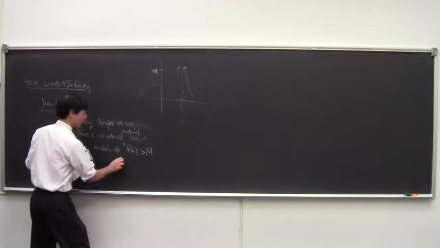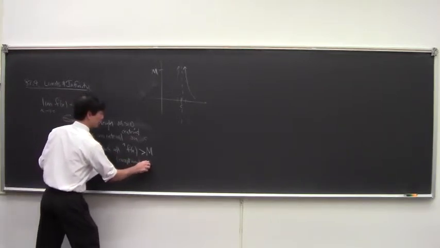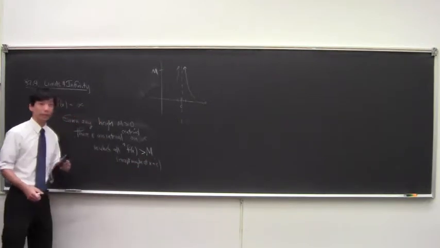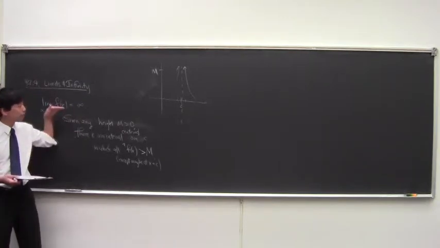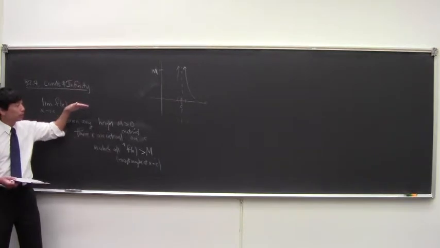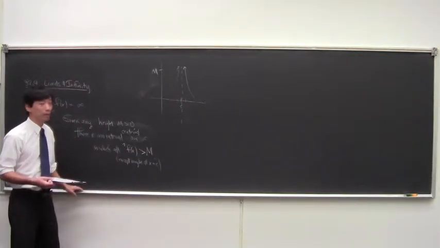All except maybe at c itself. We don't say anything about what happens at c itself. Okay. So given any height, there's an interval around here where you exceed that height.